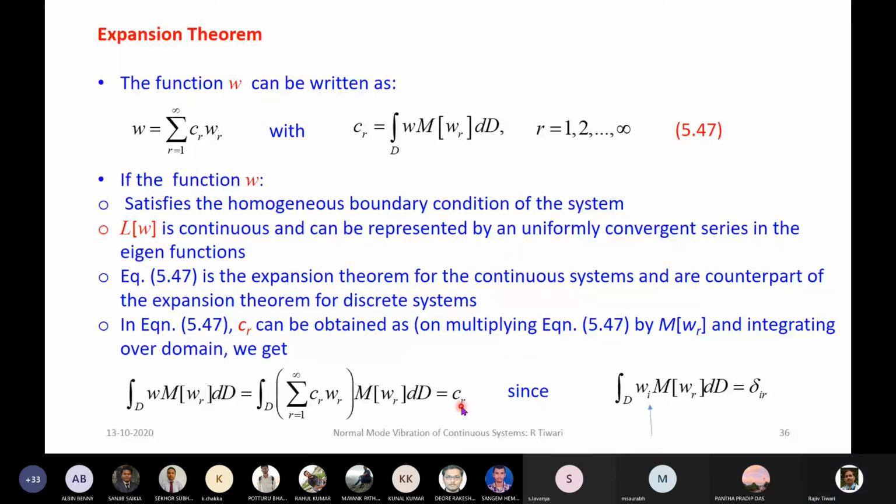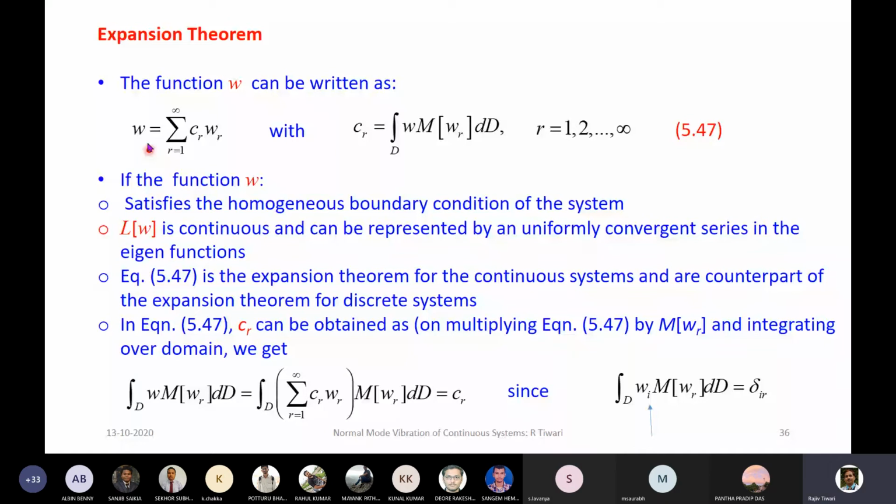Here the function W satisfies the homogeneous boundary conditions. If we have chosen W such that it satisfies the boundary conditions of the problem, and if we take the L operator on W and it is continuous, not vanishing, then we are able to write W in terms of these eigenfunctions.